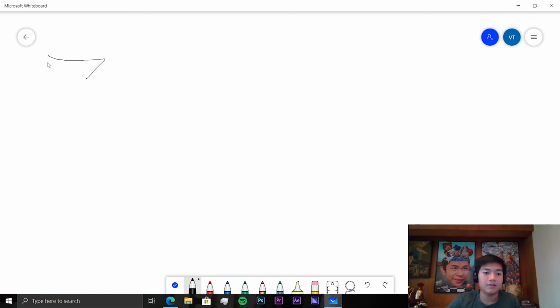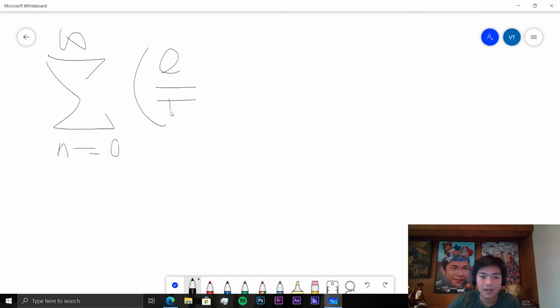Okay, on to the final one, and we have from n equal to 0 to infinity of e over pi to the n. And this does converge, technically. So this would be an infinite series with first value 1 and common ratio e over pi, so it's 1 over 1 minus e over pi.